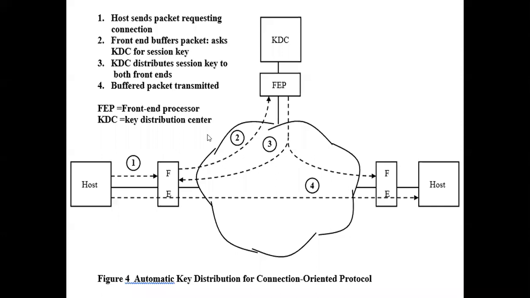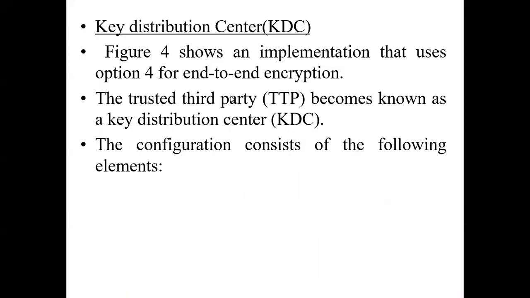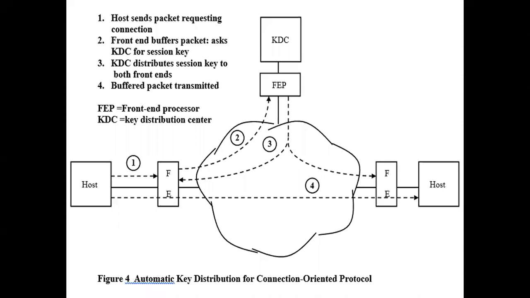So see this diagram. I am talking about Key Distribution Center, KDC. See here the KDC. The two hosts want to share their information. How can they share? The host sends the packet request connection. See here, the host is sending the packet request connection, number 1.